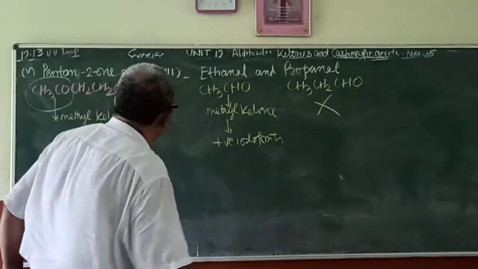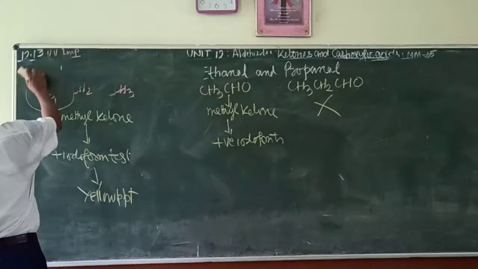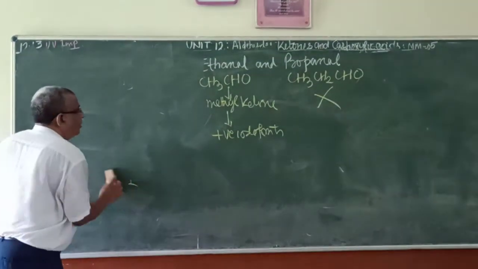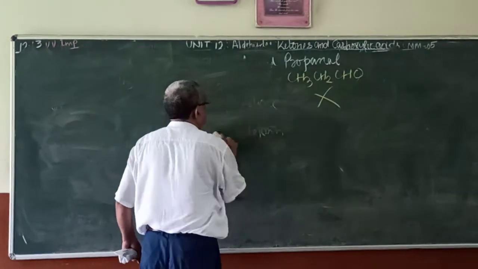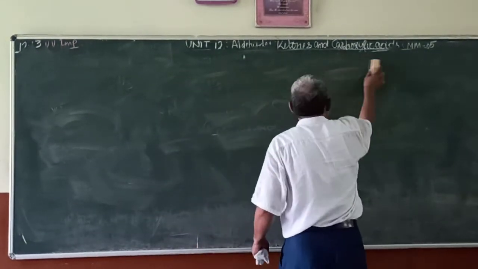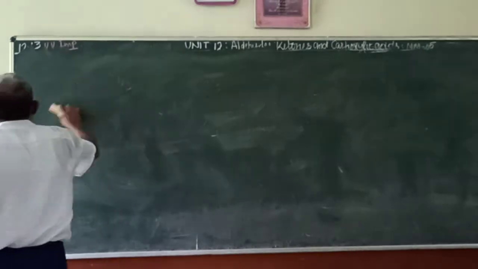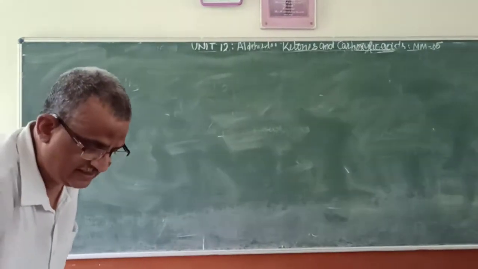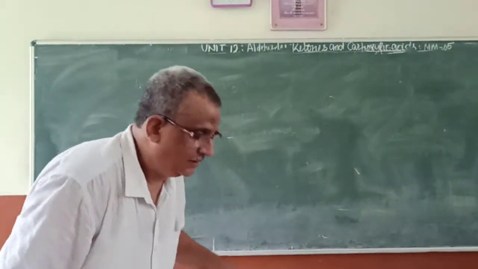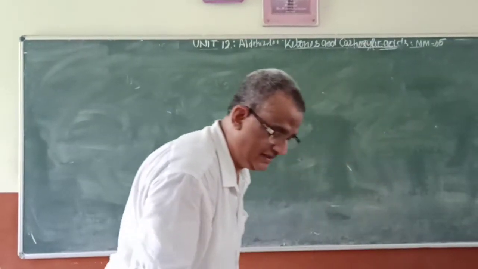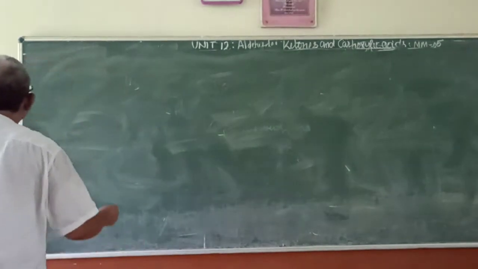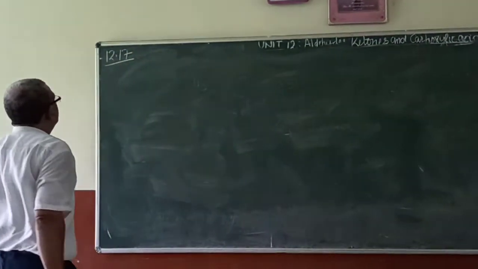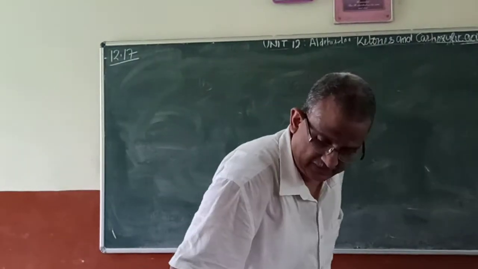Now the last exercise. What is the last exercise? The last exercise I am doing here on the blackboard for you is the one which has been asked several times in the board examination, and this time the number is 12.17.